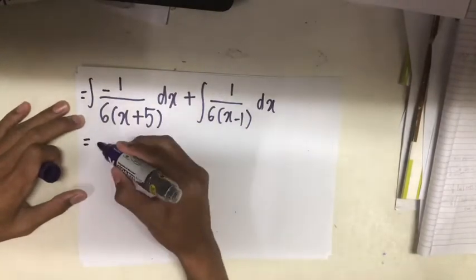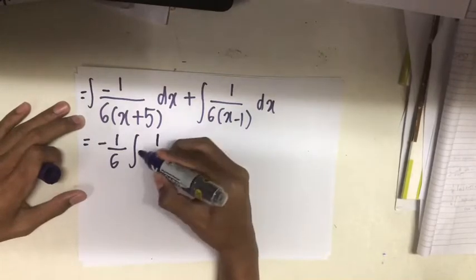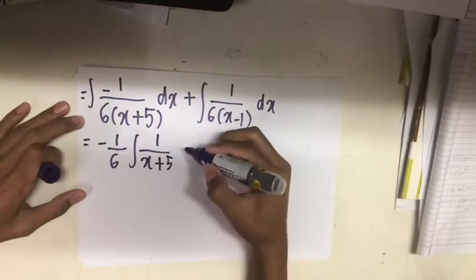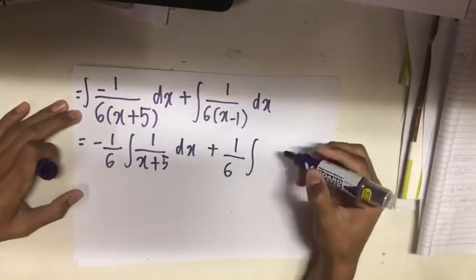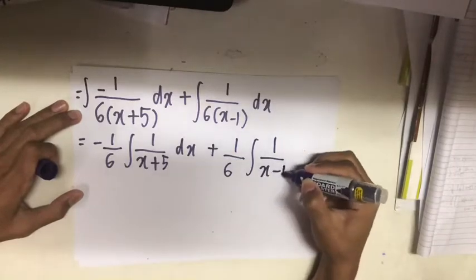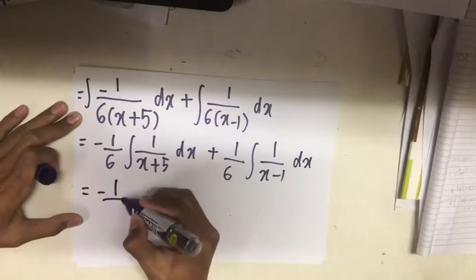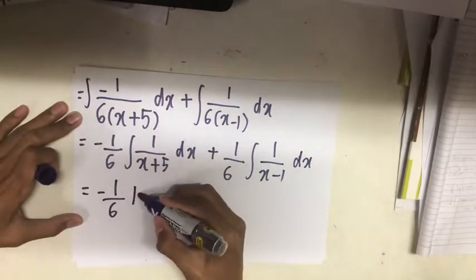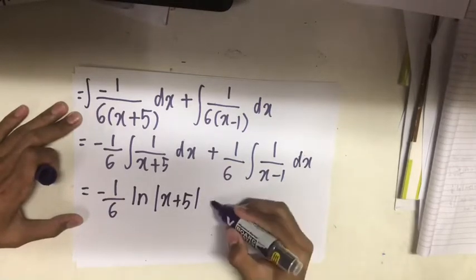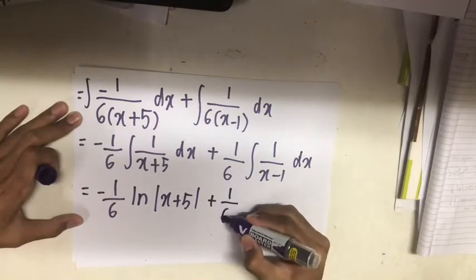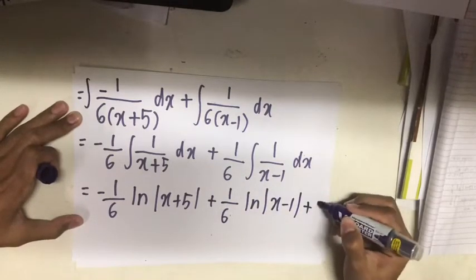So we will put negative 1 over 6 on the outside. So 1 over x plus 5 dx plus 1 over 6 times 1 over x minus 1 dx. So let's integrate. We get ln of x plus 5, and for this we get 1 over 6 ln of x minus 1, plus c.